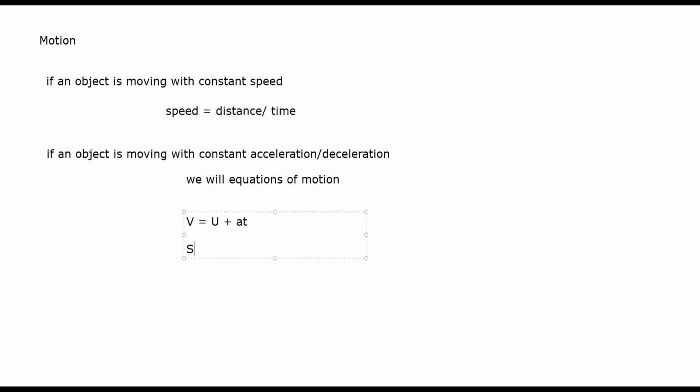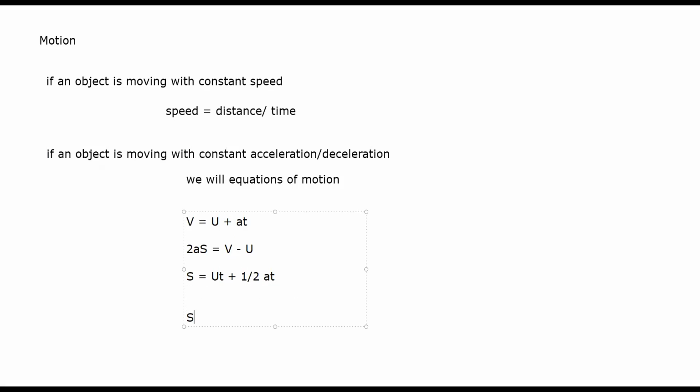The second equation, 2as equals v square minus u square. The third, s equals ut plus half at square.